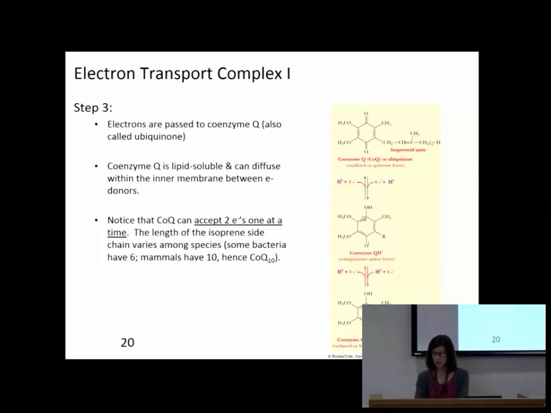So here what it's doing is it's resonance stabilized to accept 1 electron at a time, but then it can ultimately accept 2 electrons as hydrides and makes our coenzyme Q10 or ubiquinol or reduced form or hydroquinone form. In this class, let's keep it simple. I'm going to call it CoQ, reduced form of CoQ.